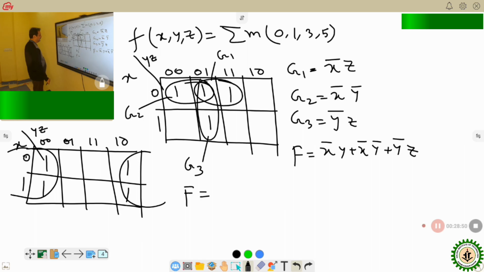Similarly, y has already changed because in that case the y value is 1, and in that case the y value is 0. Only z is unchanged. So what is z? The z value is 0. So for that particular case, the output is z bar. Okay.